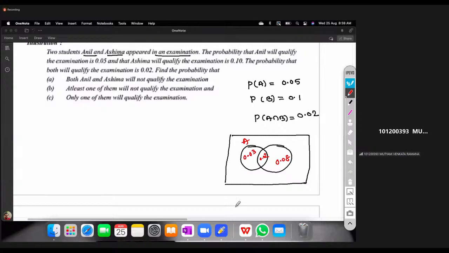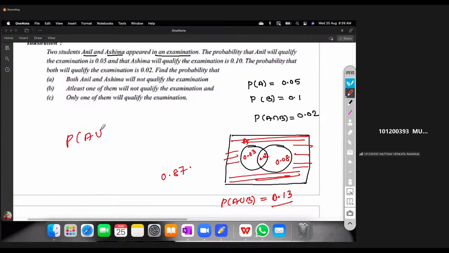Probability of A union B is 0.03 plus 0.02 plus 0.08, which is 0.13. So the remaining portion is 0.87. So probability of A union B whole bar is 0.87.